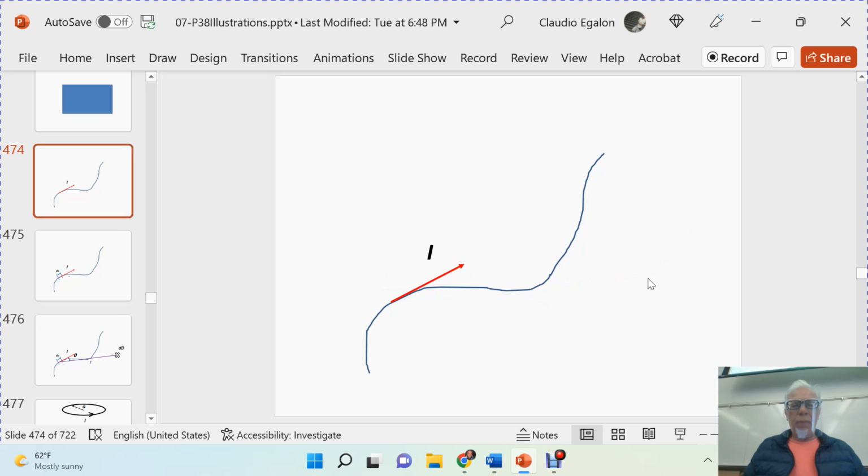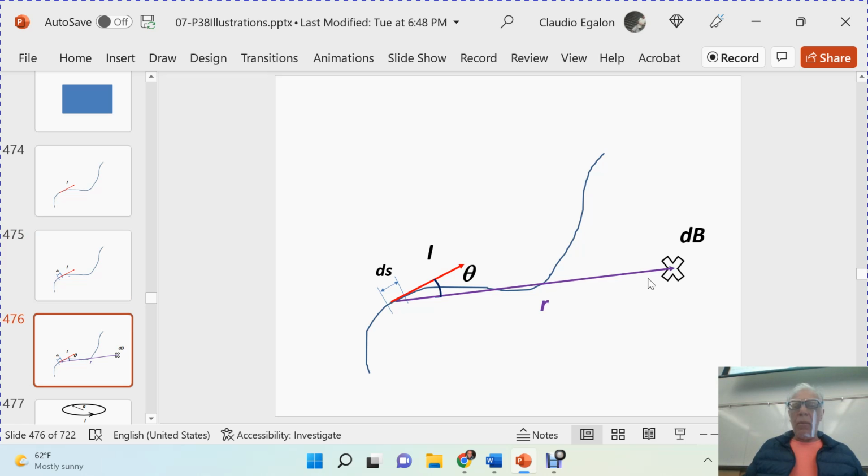So that's what we have. Let's do that again. Current carrying wire, infinitesimal section of the current carrying wire. This infinitesimal section is going to produce a magnetic field somewhere around here. And we can find out the direction by doing the right hand rule: hand pointing along the current I, crossing towards the position vector R. The magnetic field is going to be into the board.